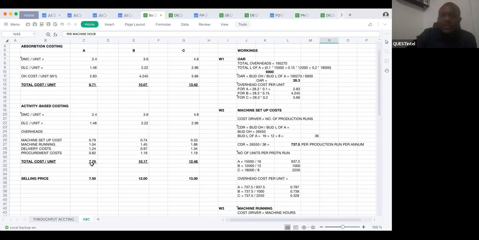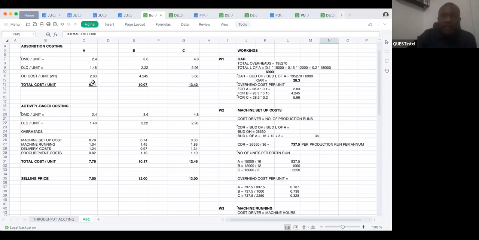But when we absorbed the overheads accurately, we found out that under the accurate ABC, the total cost per unit is actually 7.76. So if your total cost per unit is 7.76 and you're selling at 7.5, you're actually making a loss every time you sell the product.